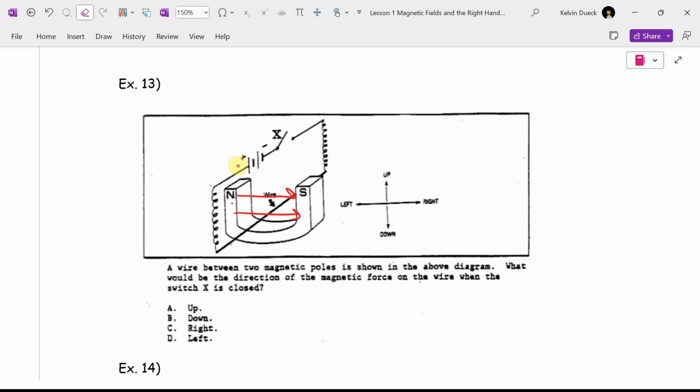Well, if I look at this battery, it looks like the current is going that way. So I'm going to point my thumb kind of into the page. The magnetic field is pointing to the right. What direction will this wire feel a force? A, B, C, or D? B. Down the page, B.